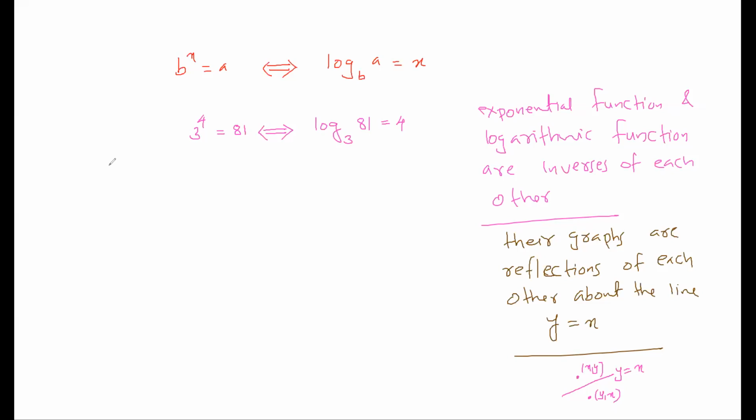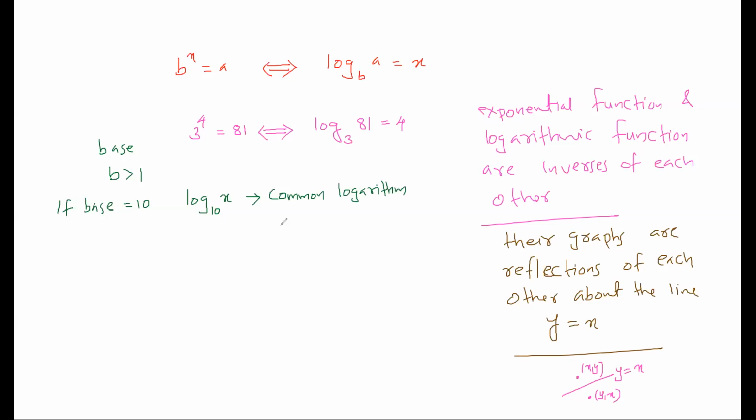Similarly, the base can be any real number greater than 1. If the base is equal to 10, that is logarithm of something to the base 10, just like in the exponential function where base 10 is called the common exponential function. So here also it is known as common logarithm.